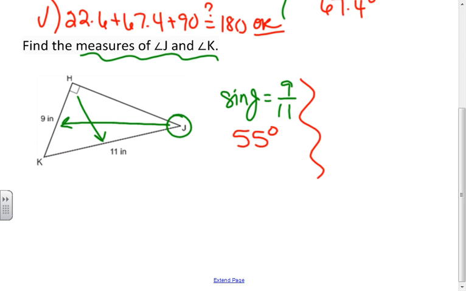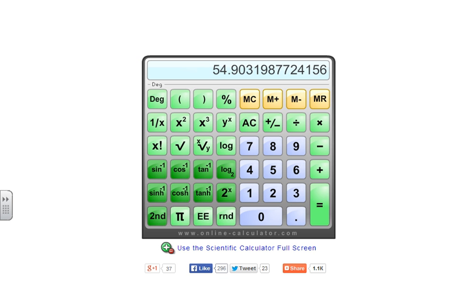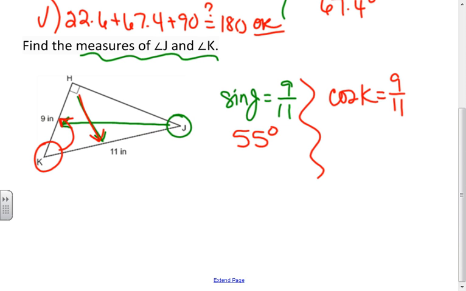If I want to find K, in relation to K, I have the adjacent and the hypotenuse, so I have the cosine of K is 9 over 11, and from my calculator, I do 9 divided by 11, inverse cosine, I get 35 degrees, and that works out perfectly.